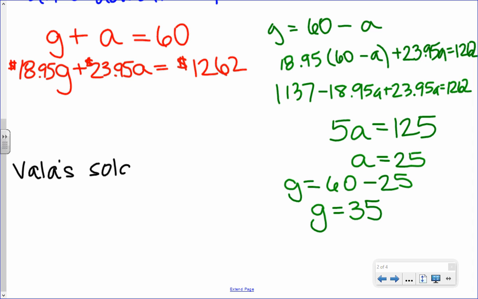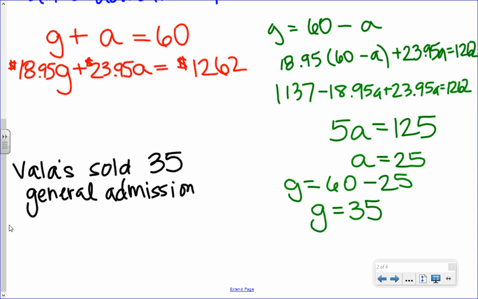Valet sold 35 general admission tickets. Give me the numeric value in context to the problem.